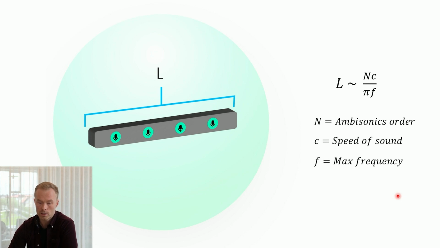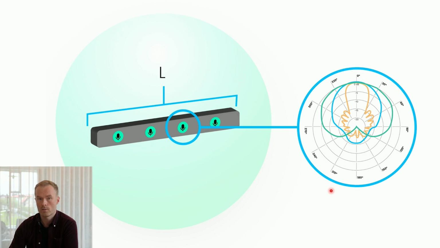But it's not only this that the ambisonics order does for you, it's also that with a higher ambisonics order you can capture a more complex pattern. So here for the same microphone with different ambisonics orders, you capture a different level of complexity of the response of the microphone.